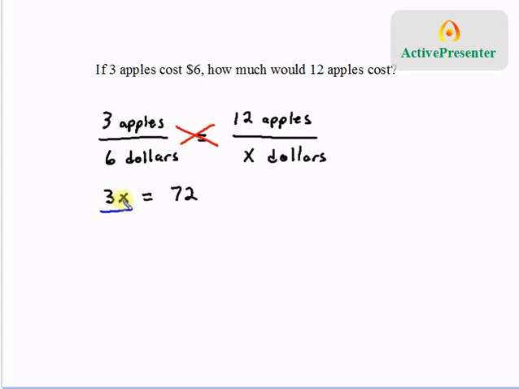We're multiplying 3 times x in this case, so we want to use the inverse. The inverse of multiplication is division. So we'll divide by 3. Now, 3 divided by 3 is 1, so that leaves us with 1x, or simply x. And then we know that if we're going to solve an equation, whatever we do on the left side to keep it balanced, we have to do on the right side. So we'll do 72 divided by 3.